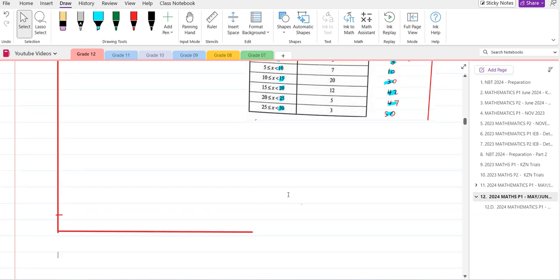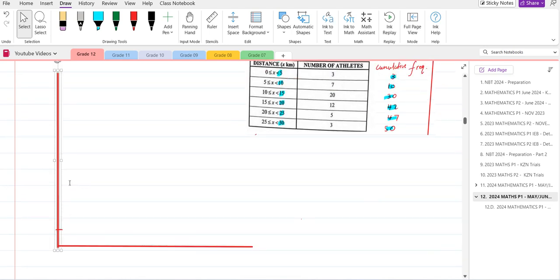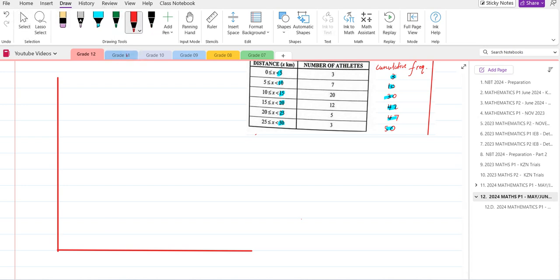Okay, so we got 5, 10, 15. That's the interval that I'm going to use. That should be good. So let's use 5, 10, 15, 20, 25, 30, 35, 40, 45, and 50.